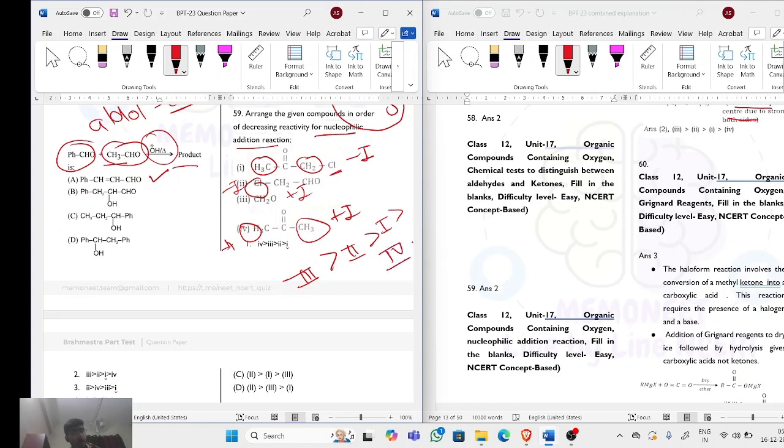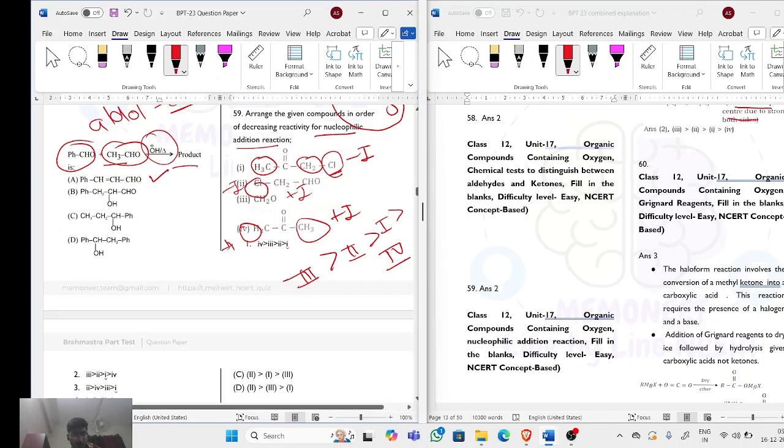In option number 1, the 2 plus I effect is there, but Cl is also present, and Cl is present after the CH2 group. So the order of minus I effect will slightly decrease. So the correct order will be option number 2. So the correct answer is option number 2.